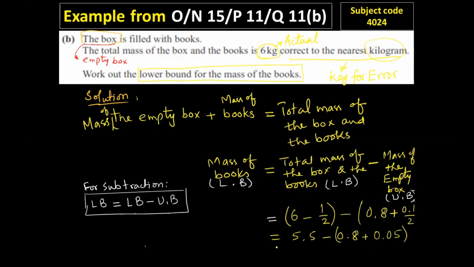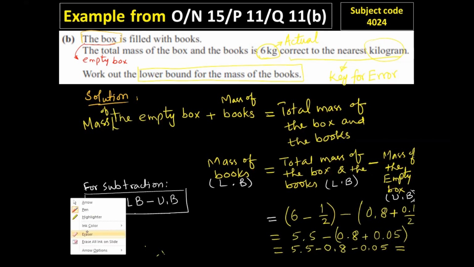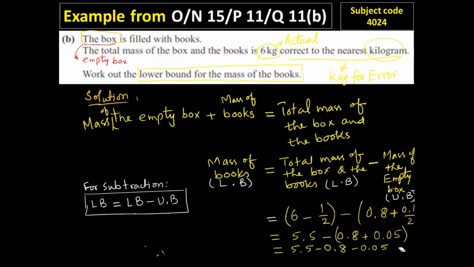Now this is the lower bound. The lower bound of the mass of the books will be 5.5 minus 0.8 minus 0.05.